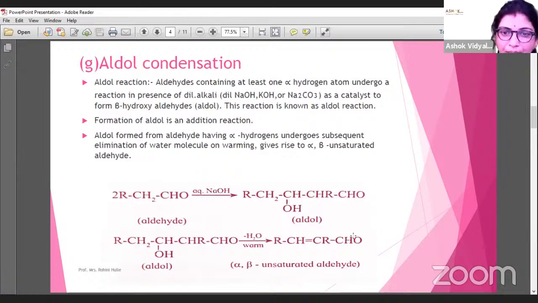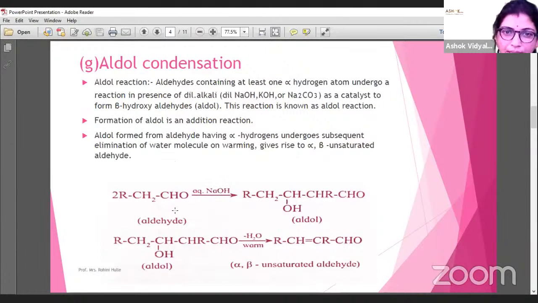This is beta hydroxyaldehyde. See, this is the alpha carbon atom, the carbon attached to CHO, and this is the beta carbon atom, gamma, etc. This product is the aldol, that is beta hydroxyaldehyde.